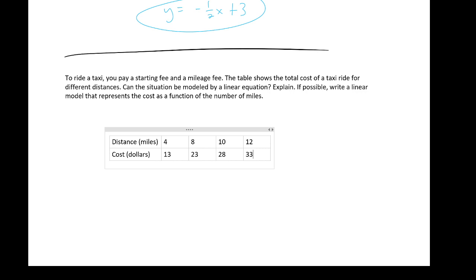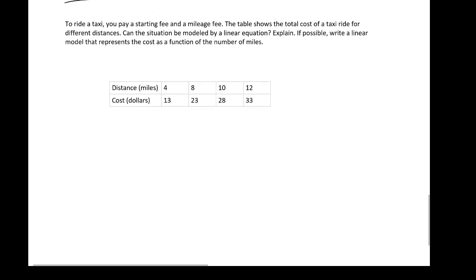First of all, is this modeled by a linear equation? I think the thing we have to make a distinction of here is that our D, this is our input, our independent variable, and our cost, which is going to be C, right? Is going to be our dependent variable, depending on our distance traveled.